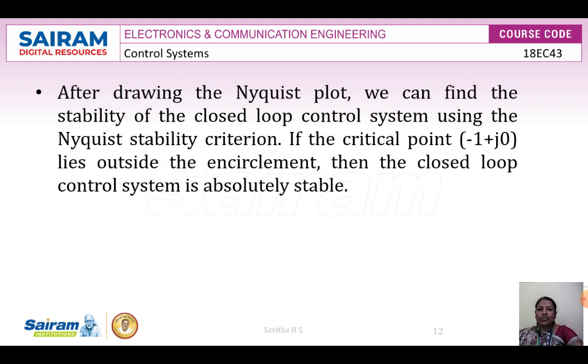After drawing the Nyquist plot, we can find the stability of the closed loop control system using the Nyquist stability criterion. If the critical point, that is minus 1 plus j0, lies outside the encirclement, then the closed loop control system is absolutely stable.